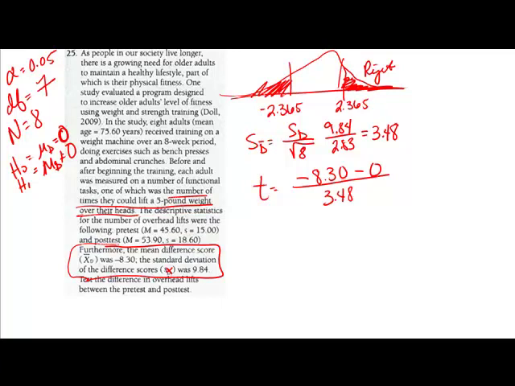So negative 8.3 divided by 3.48 is 2.385, about 2.39.